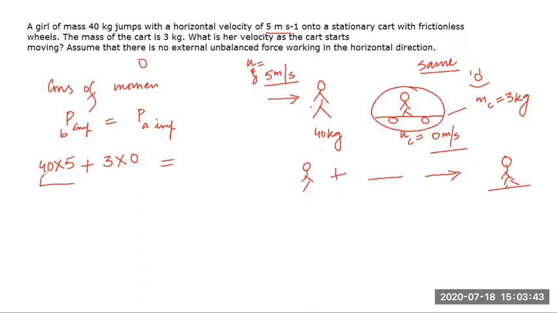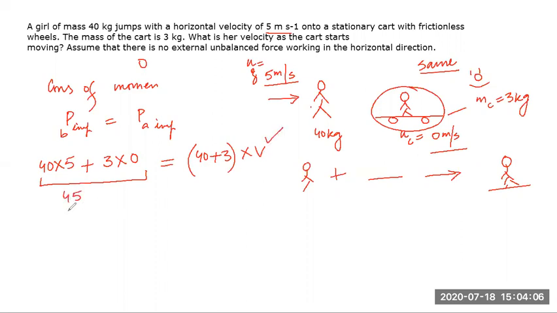This total momentum should be equal to, now girl and cart are the same, so what is the total mass after the impact? We have to take the mass of the girl as well as the mass of the cart. So that will be 43, 40 plus 3. But we don't know the velocity with which it will move. We can find out.